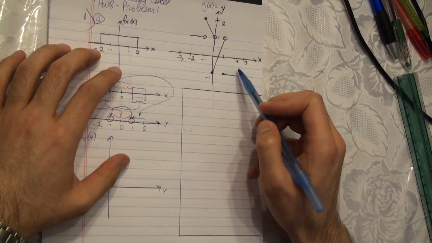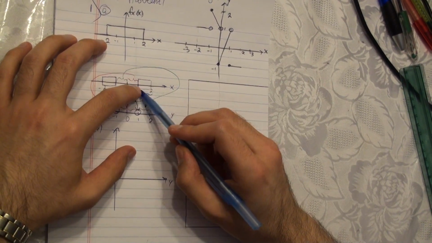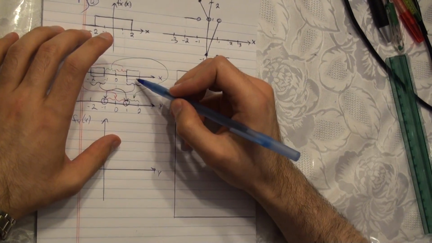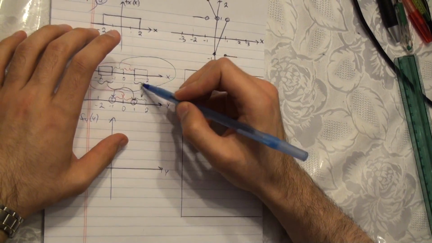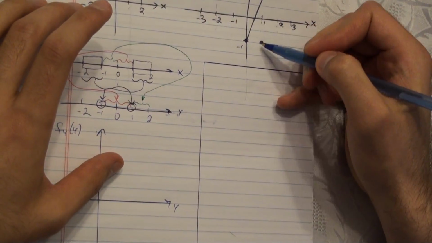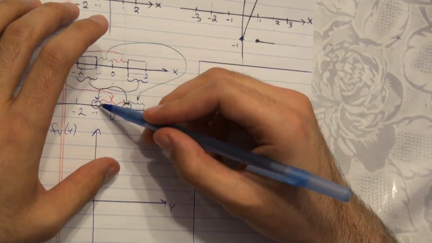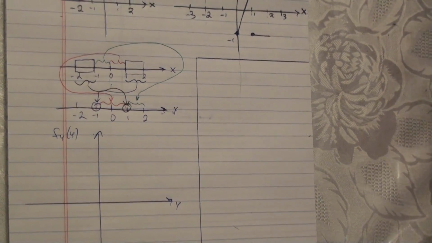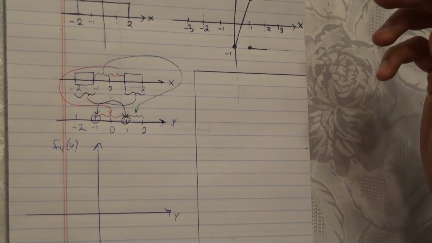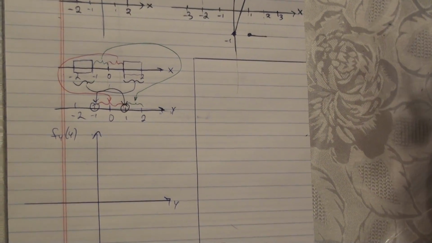For x between 1 and 2, this whole region maps to a single point in y, which is -1. If you follow the blue line here, we see that this point maps to -1. Whenever we have a whole region mapping to a point, that shows us it's a delta function. The only thing that matters is to find the height or the weight of this delta function.